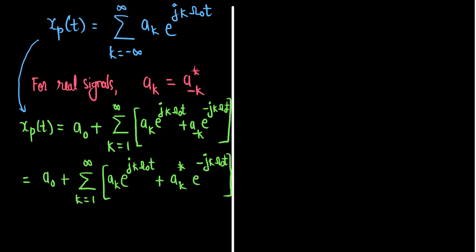I can do that very well just because ak and a of minus k are complex conjugates of each other.